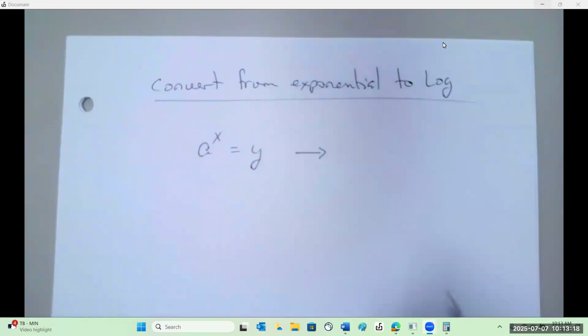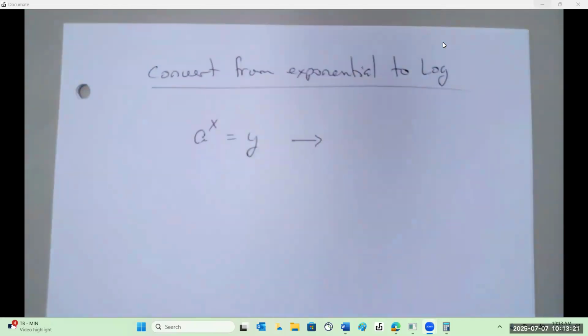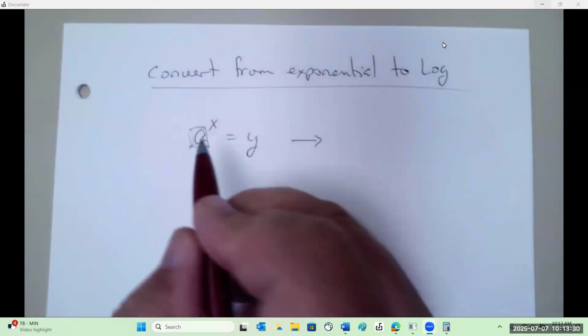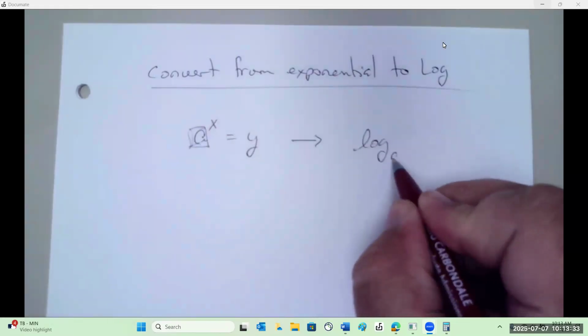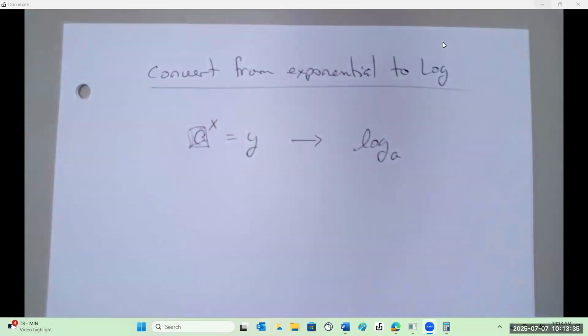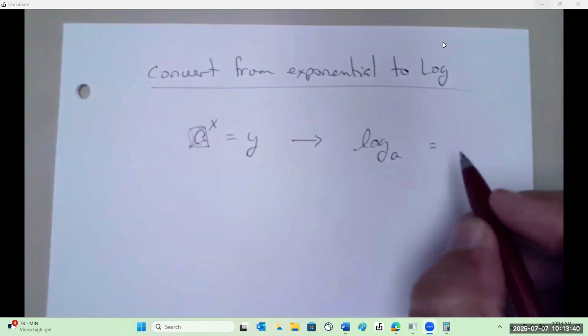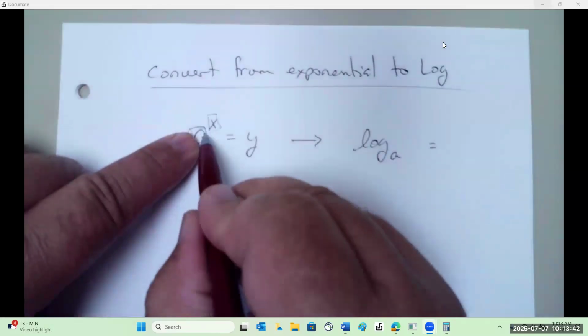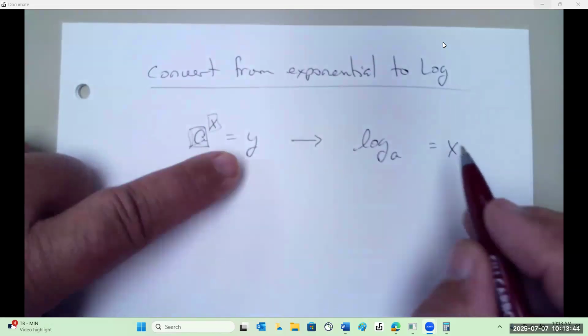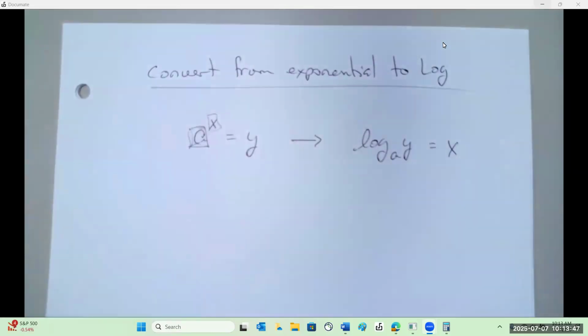How would you convert that to logarithmic? Well, here's the base, so it has to have the same base. This used to be the answer of that. You have to switch x and y now. There's the conversion.